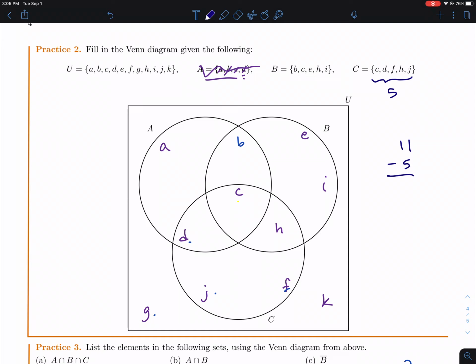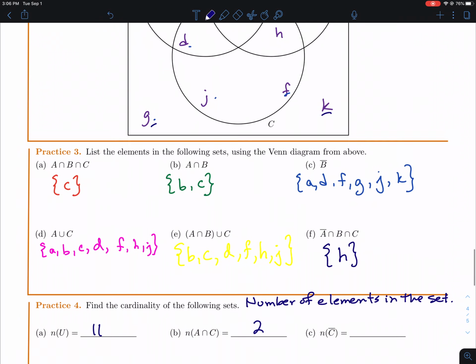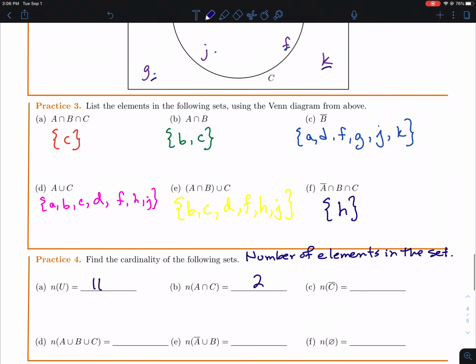So if we subtract 11 minus 5, then there must be 6 elements that do not live in C. And we can verify this by counting: 1, 2, 3, 4, 5, 6. So you can do it that way too. Just ignore everything that's in C and count all the things outside of C. Again, we're not trying to list them, we just want to know the number. So the number of elements in C complement would be 6.